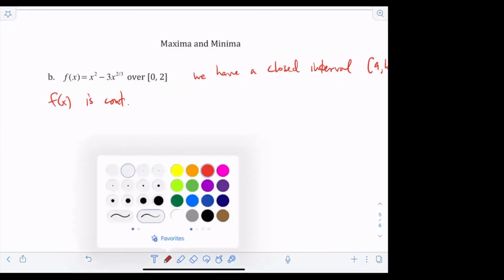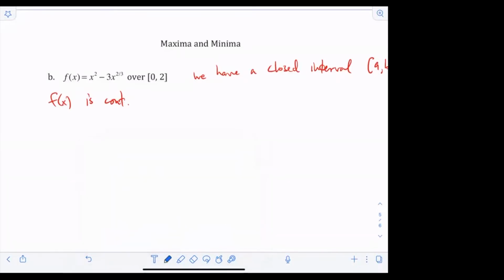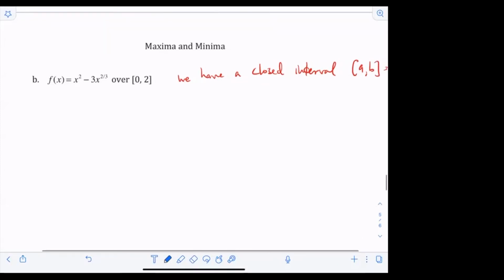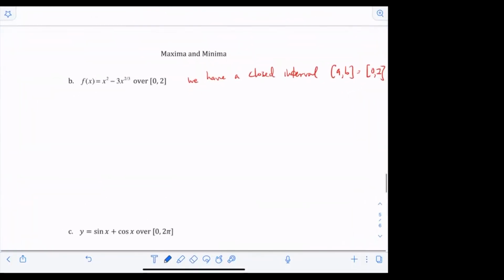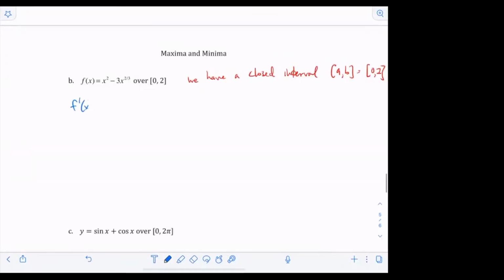The way that we're going to show it is we're going to calculate a derivative, right? So let me not say it's continuous right off the bat. Let me calculate the derivative first. When I calculate the derivative, our derivative is going to be f prime of x. And this is just a power function, right?